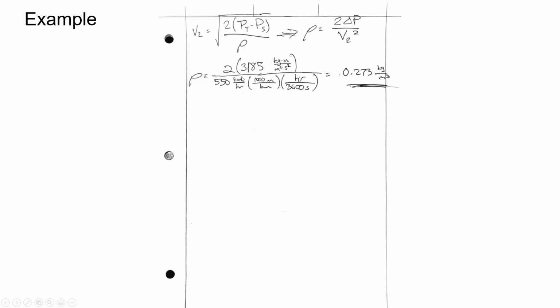We were given the velocity of 550 kilometers per hour. We need to convert the kilometers to meters, and we need to convert the hours to seconds. If we do that, we end up getting 0.273 kilograms per meter cubed as our density of the fluid, the flowing fluid that we're measuring.